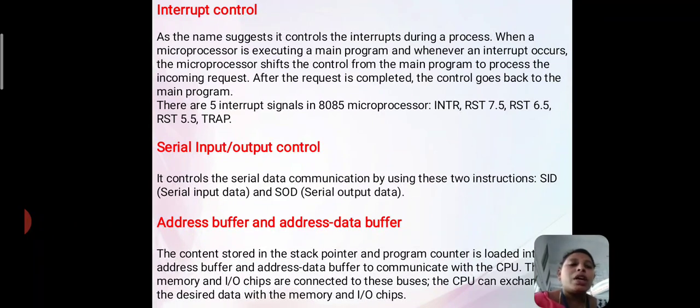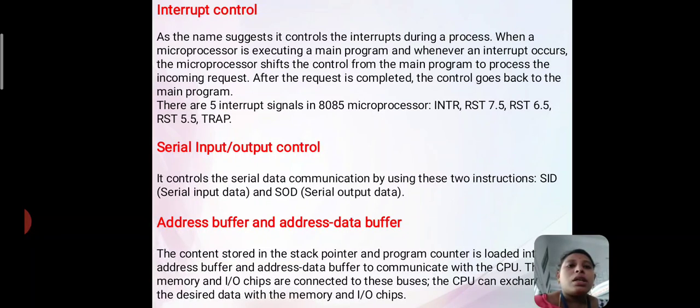In total there are 5 interrupt signals in the 8085 microprocessor: INTR, RST 7.5, RST 6.5, RST 5.5 and the trap signal. So this is about interrupt control.